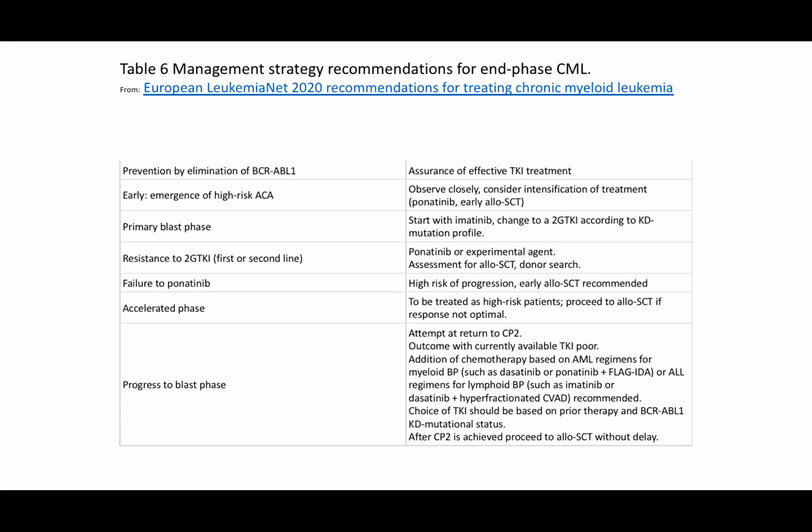The first author of this ELN, Andreas Hochhaus, warned that interferon is a disaster, not from the efficacy point of view, but because no one is going to manufacture it. Whatever you have now will dry up in one or two years' time. A good drug we are losing because no one wants to make it, as there is no use in other settings outside oncology, in hepatitis, adjuvant, whatever.